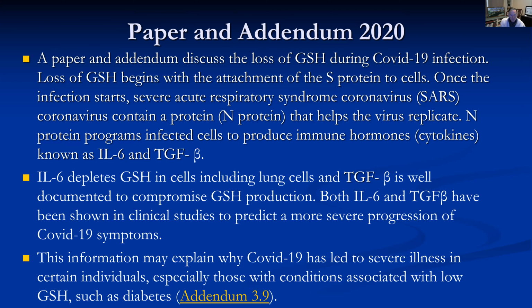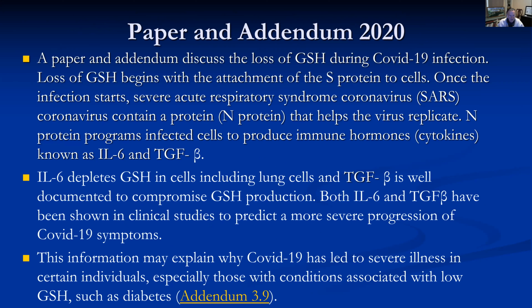And then as the infection progresses, the N protein that helps the virus replicate actually programs infected cells to produce immune hormones like IL-6. Another immune hormone called transforming growth factor beta is also increased and looks like a standalone indicator of severity. But IL-6 has gained the most notoriety as an indicator.